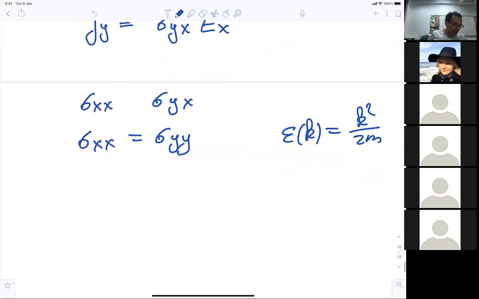Moreover, I make a less trivial claim that sigma xy must be equal to minus sigma yx, and this response tensor must be antisymmetric. That's a less trivial point, but probably we will discuss it next time.